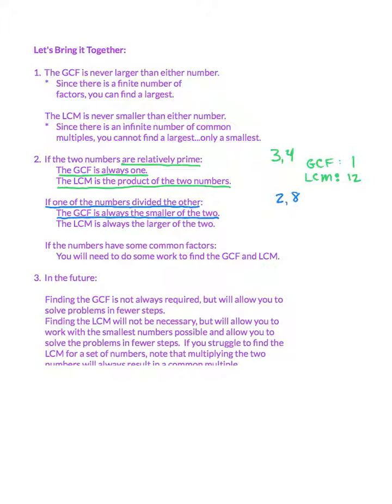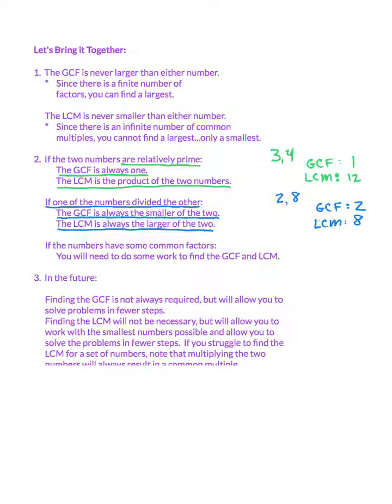So what is a number that divides 2 and 8? Well, then it has to be 2. 2 divides 2, and by the definition of this case here, 2 divides 8. The least common multiple, if one of the numbers divides the other, is always the larger of the two. Is 8 divisible by 2? Yes. Is 8 divisible by 8?